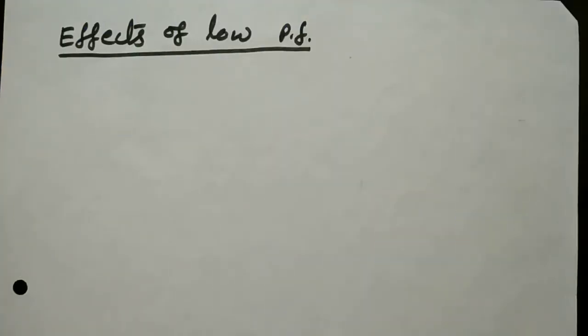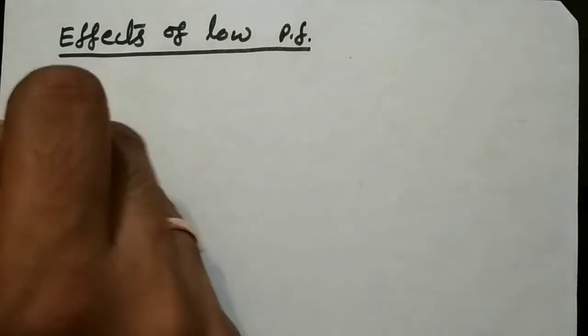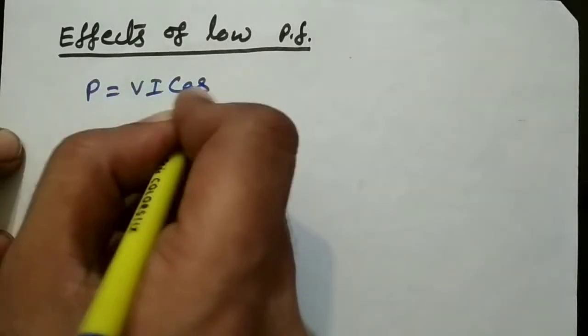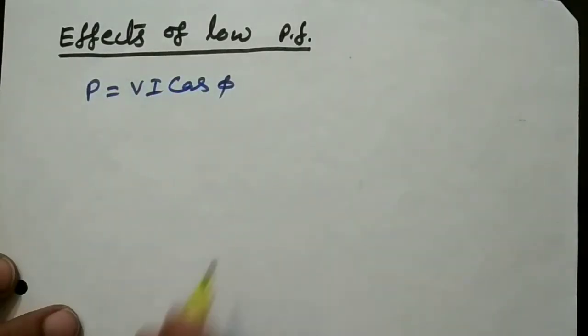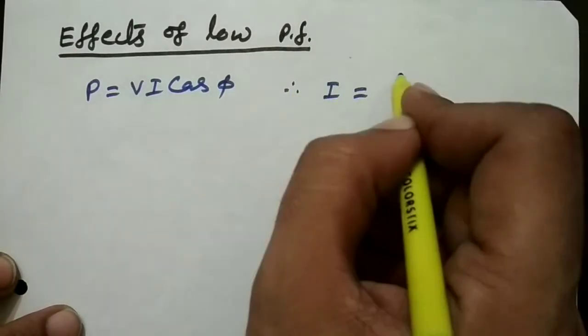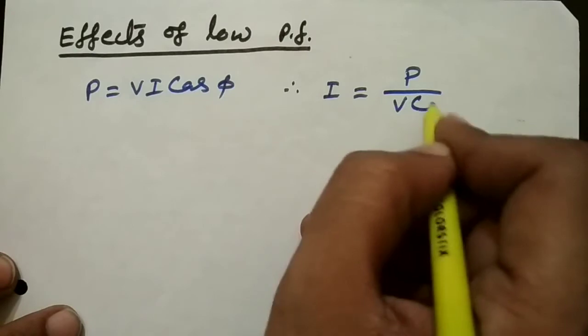Let's see what are the effects of low power factor. As we have already discussed, the active power is VI cos phi. So I will be equal to P upon V cos phi.